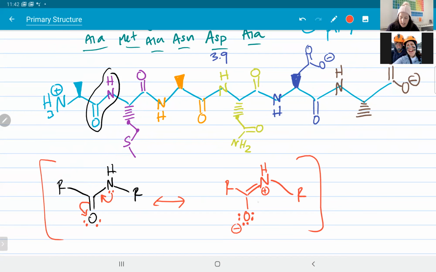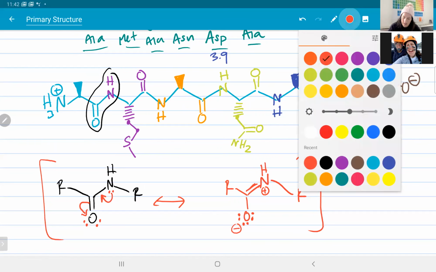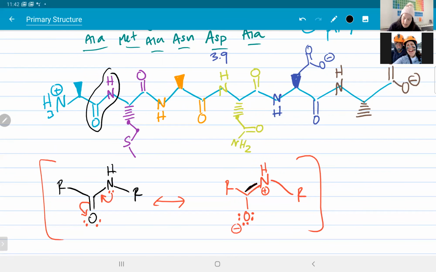In this form, you've got an acid sitting right next to a base, so it's not really going to exist too long, but you can draw this resonance structure, and this is important in determining secondary structure, because the fact that you can make this double bond right here means that you no longer have free rotation around that nitrogen to alpha carbon bond.